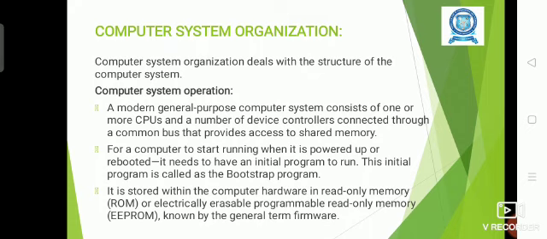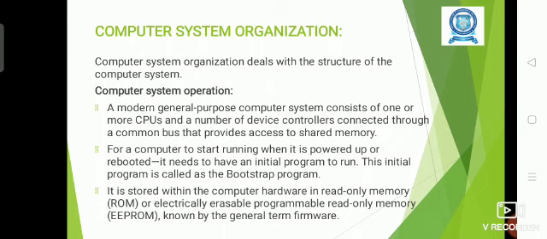Whenever the computer system is started, whenever the system is powered up or rebooted, initially one program will be loaded into the main memory. The initial program is called the bootstrap program. Whenever we switch on our computer, the bootstrap program is loaded into the main memory. That is called booting of a system.